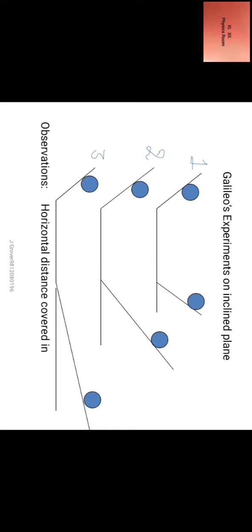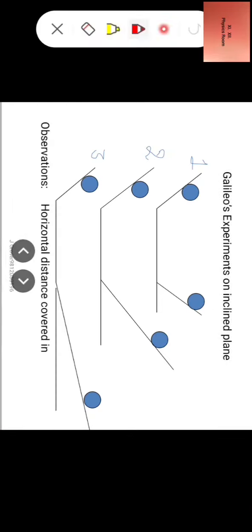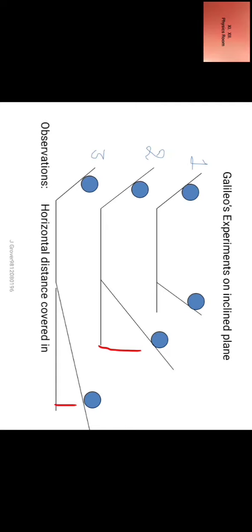The horizontal distance covered in case 1 is less. Horizontal distance covered in case 2 is more, and again horizontal distance in case 3 is again more. Horizontal distance covered in all the 3 cases.